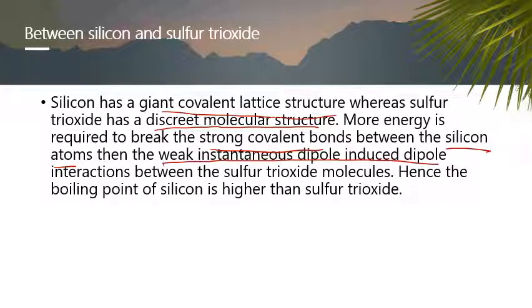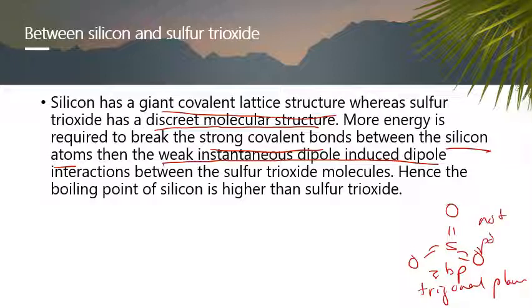You need to know which one of them. So sulfur trioxide looks like that. So it's three bond pairs. Okay, so three bond pairs is trigonal planar. So this is not polar. Okay, then we talk about the energy, and then we conclude about the boiling point.